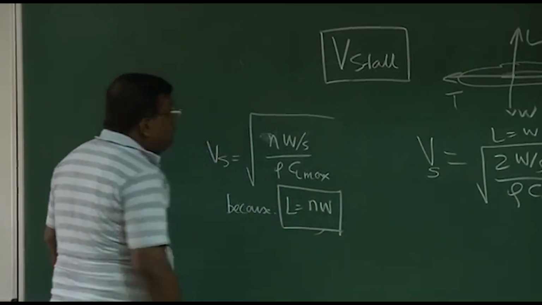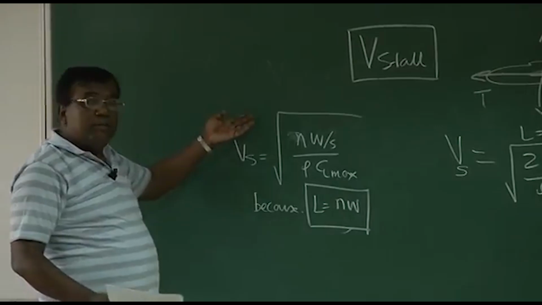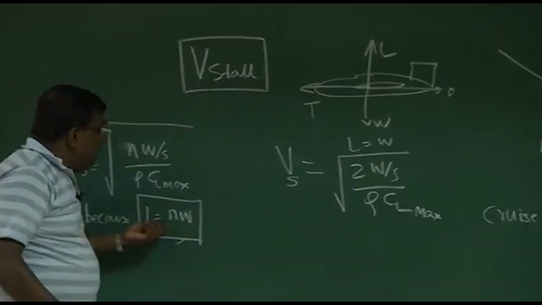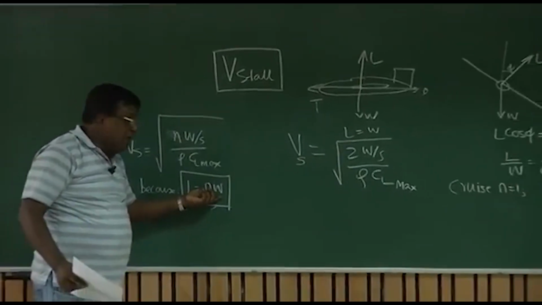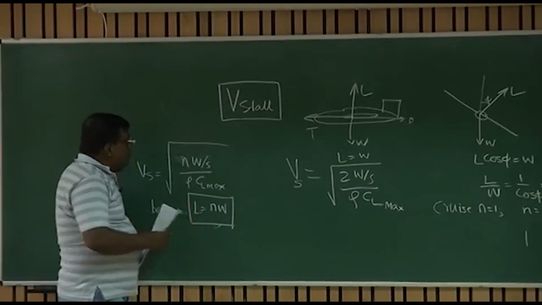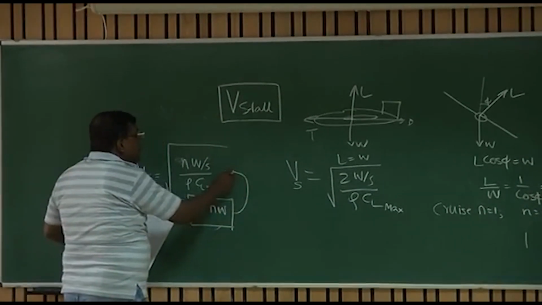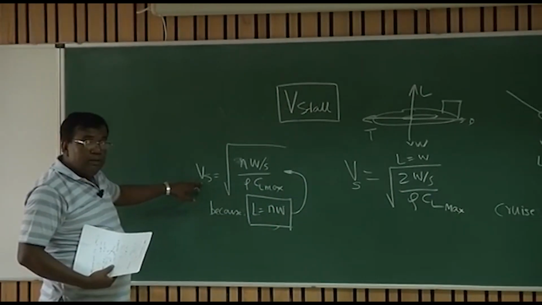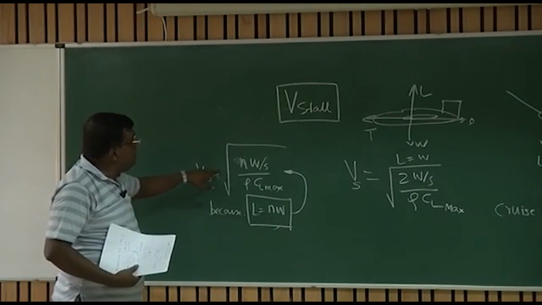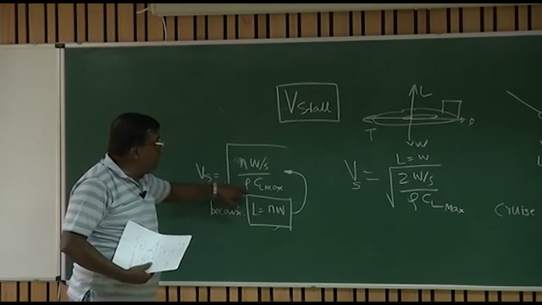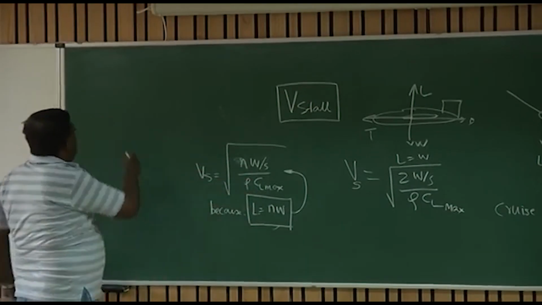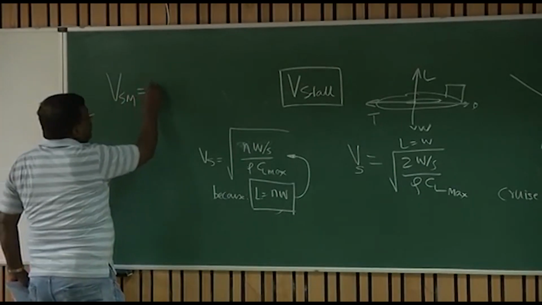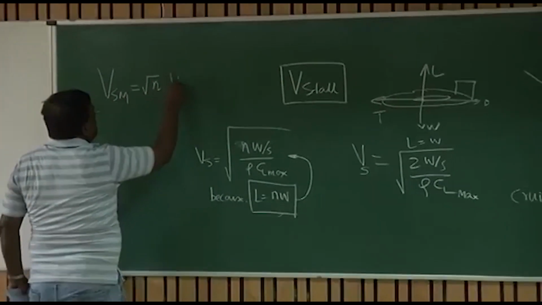Are you clear about it? If we are doing a turn maneuver, then lift is no more equal to weight. Lift is nW. Okay? And using this relationship, I can find the minimum speed, and I'll call it stall speed for maneuver: root of 2nW by S rho CL max. And now I can see that V stall maneuver, VSM, is root of n times Vstall cruise.